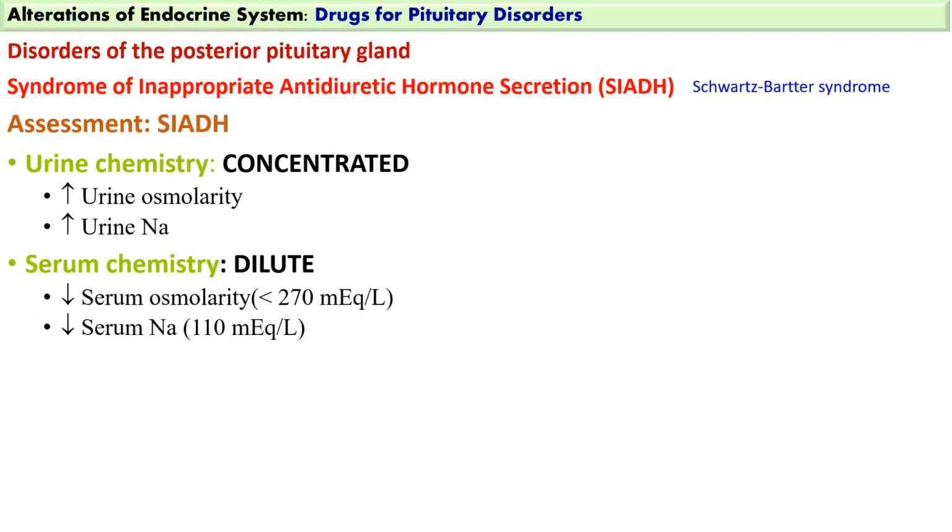Remember that with DI, we said the urine is diluted and the blood is concentrated. Here it's the opposite. We have fluid retained, fluid excess, weight gain, so we have less urine and more fluid retained. In other words, the urine is going to be concentrated, however the blood will be diluted.